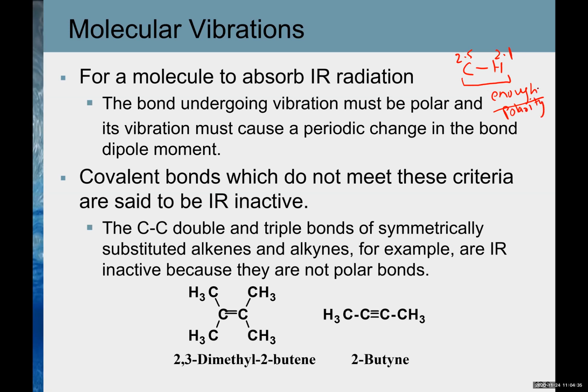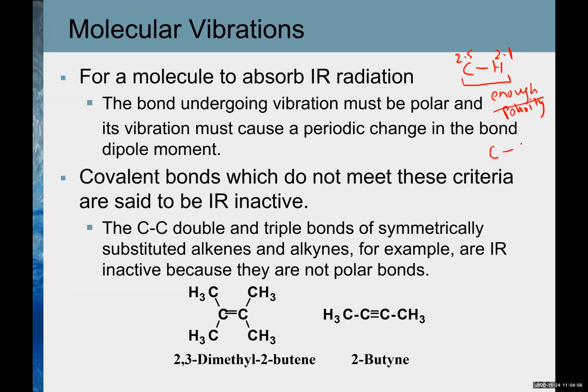So in spectroscopy, even a tiny difference in electronegativity is enough to create a polar environment within the bond. So the CH bond for infrared is polar, so this will absorb.